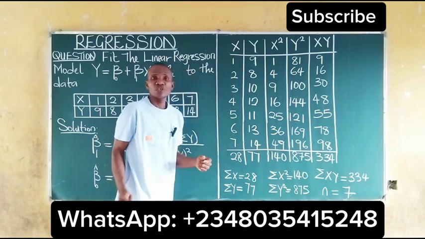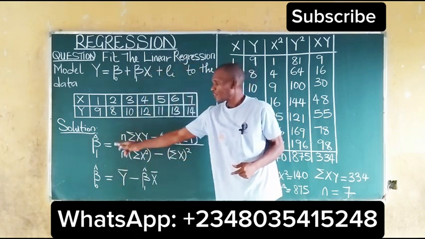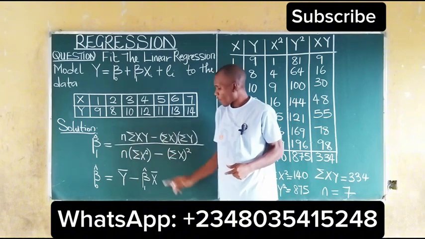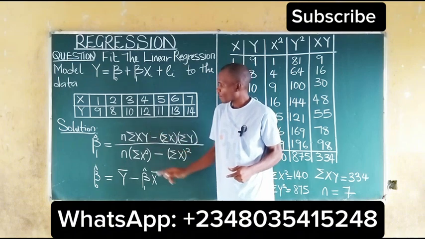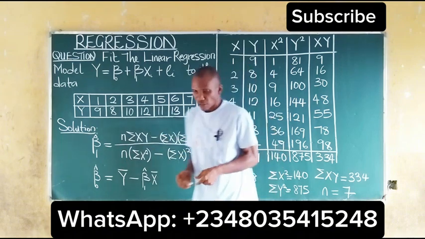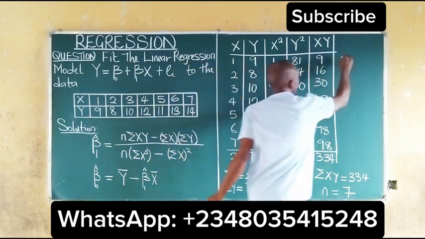So the next thing to do is to compute the formula given. We have to compute our B1 before we compute our B0. We also should not forget that we have Y bar.